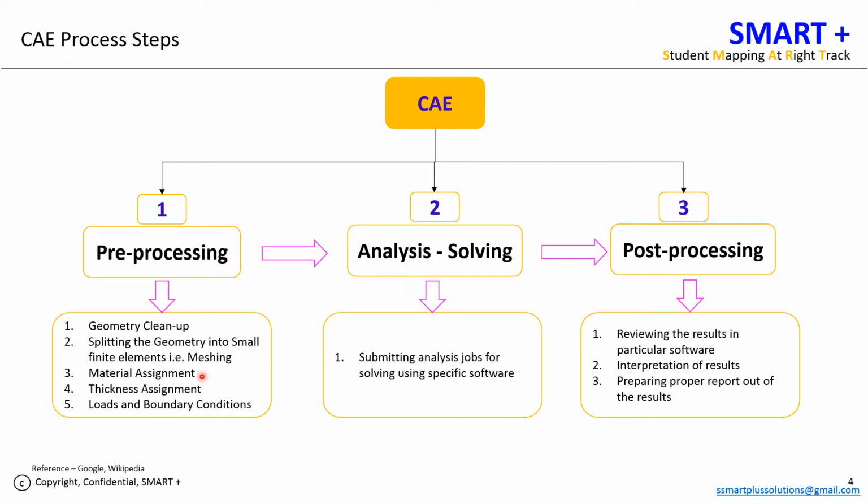Then a CAE analyst has to assign an appropriate material such as cast iron or steel, and in that also various grades. Then thickness is to be assigned, and finally loads and boundary conditions. After pre-processing, we have to submit this job using the specific software. And in post-processing, we have to see the results, their interpretation, and a report out of it. So broadly, these are the 3 steps of CAE.